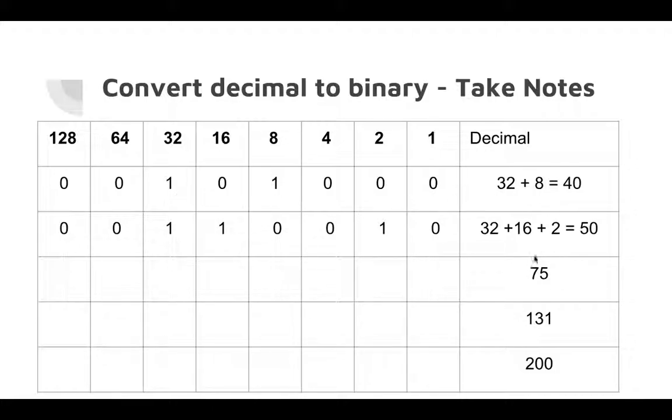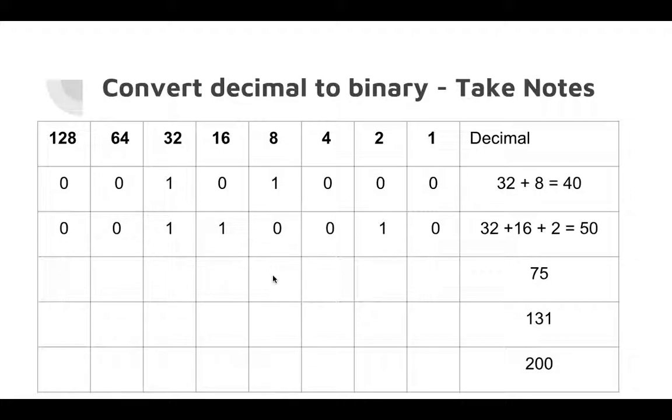Now here's a 75. So for 75, I'd start here with 128. Do I need 128? No, it's too large. Do I need a 64? Yes. If I have a 64, then I do 75 minus 64, and that's 11. All I need is 11, so I don't need a 32, so that would be a 0. 16 would be a 0.